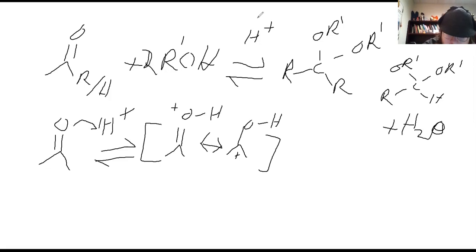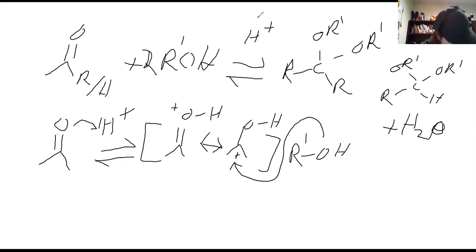Now, the ROH oxygen's going to go there, and then that forms our intermediate, which is being plus, and the electrons go there and we lose the acid.